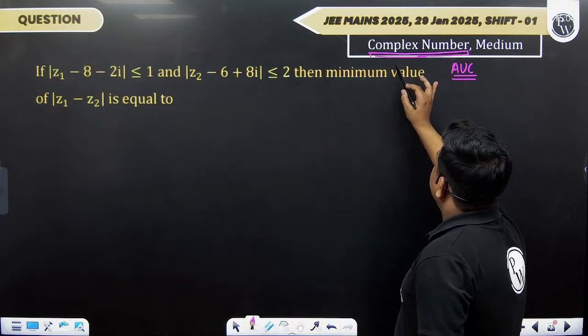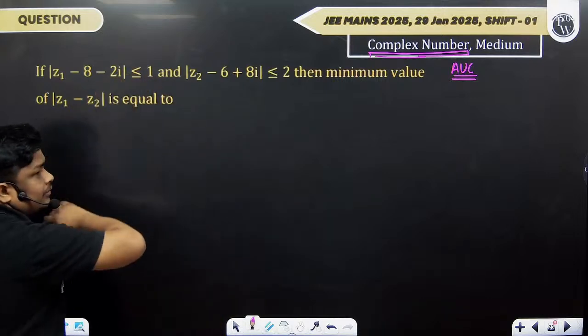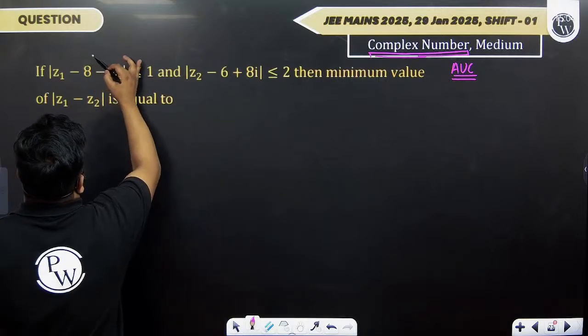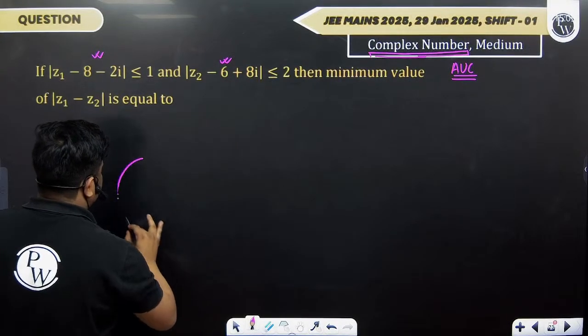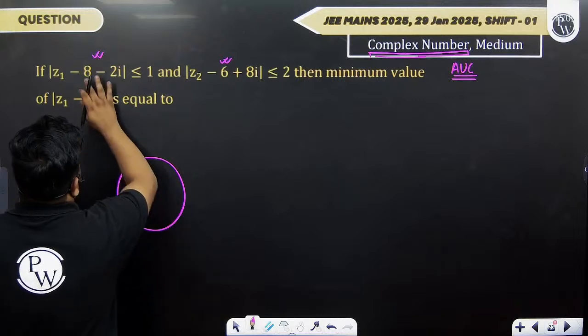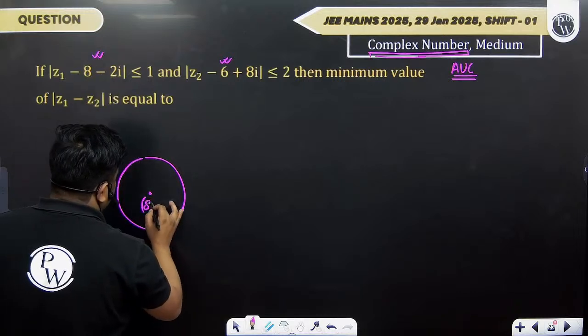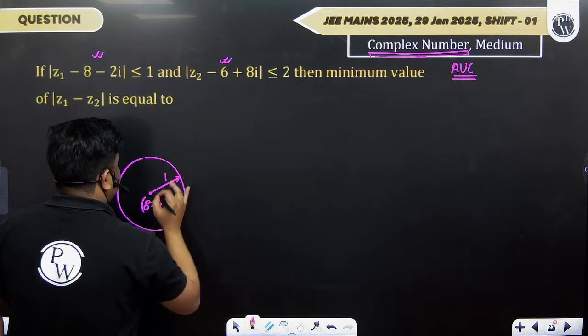Now if you see this kind of question, we have done many questions in the classes. This is an equation of a circle, this is an equation of a circle. So it's a very straightforward question. It's very normal data. So this center is 8 comma 2 and radius is 1.